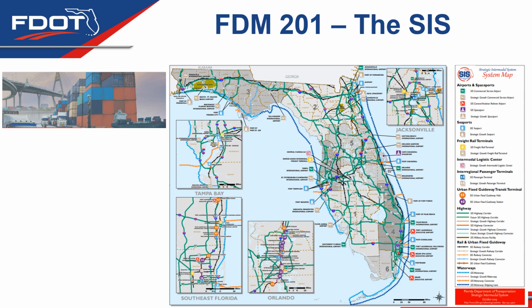And we've been able to leverage the context classification system a lot of times to do that. And so I'm going to show you on the next slide the changes that have been made for 2023 that have tried to incorporate what we know about how our transportation system is being used by our different users, and also what we know about what we need to keep our freight and goods and people moving as part of the strategic intermodal system.